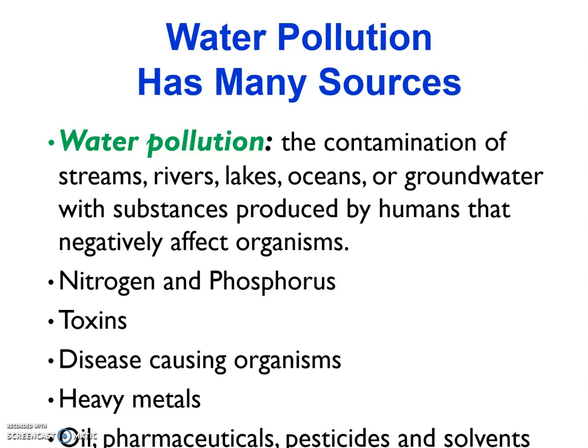One of the more serious cases was the Otis Air Force Base, or the Mass Military Reservation down on the Sandwich Falmouth line there, and that can introduce toxins to water. Disease-causing organisms. We'll talk later in lab about things like cholera and other disease-causing organisms that can get into the water supply and make people sick.